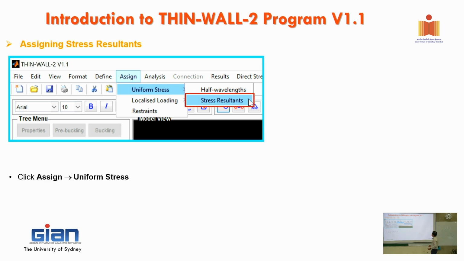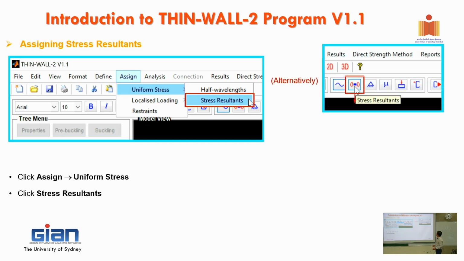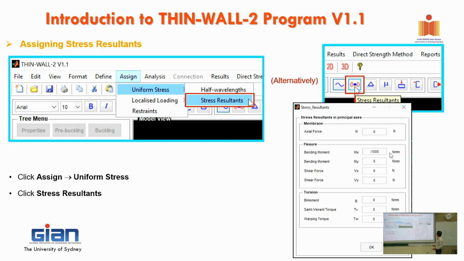And then you click on uniform stress and stress resultant, or you click another option, and you come up to here. That is the stress resultant that you want to put in. So axial load, where you can put compression or tension.